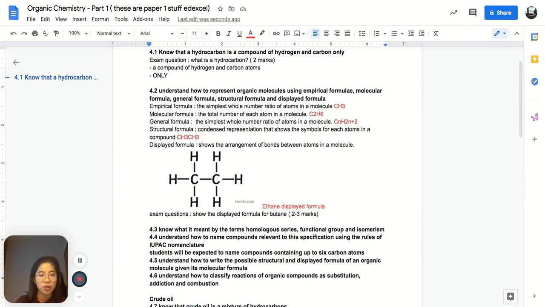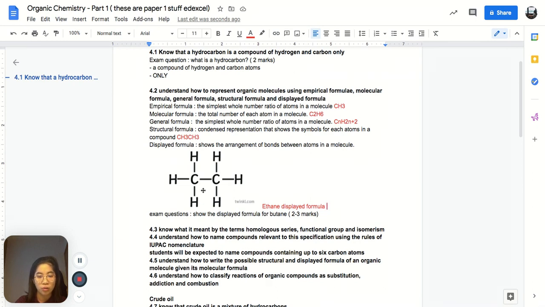So why did I say structural formula and display formula are similar? Basically, imagine having a line split here, between this here. And structural formula is basically CH3 and CH3. Can you guys see it? So the structural formula and display formula are like cousins.